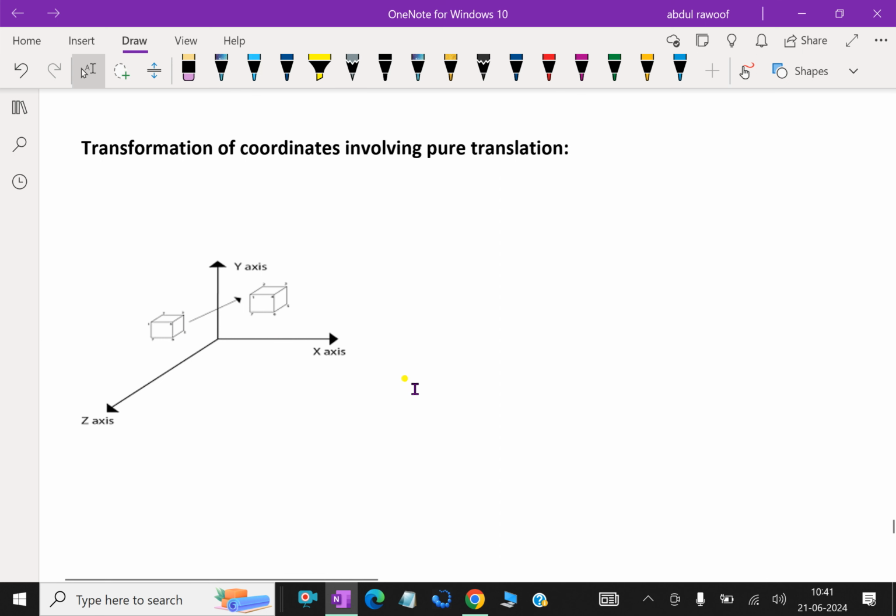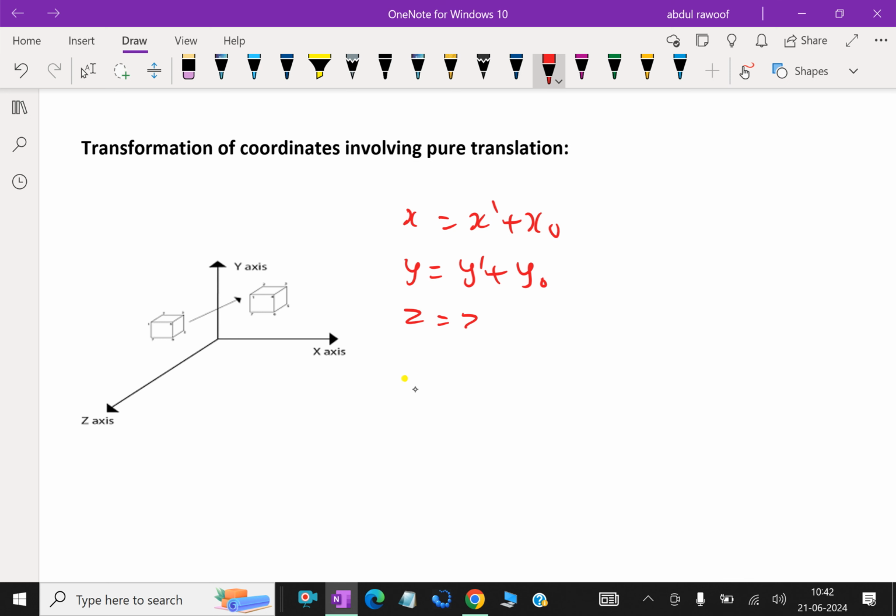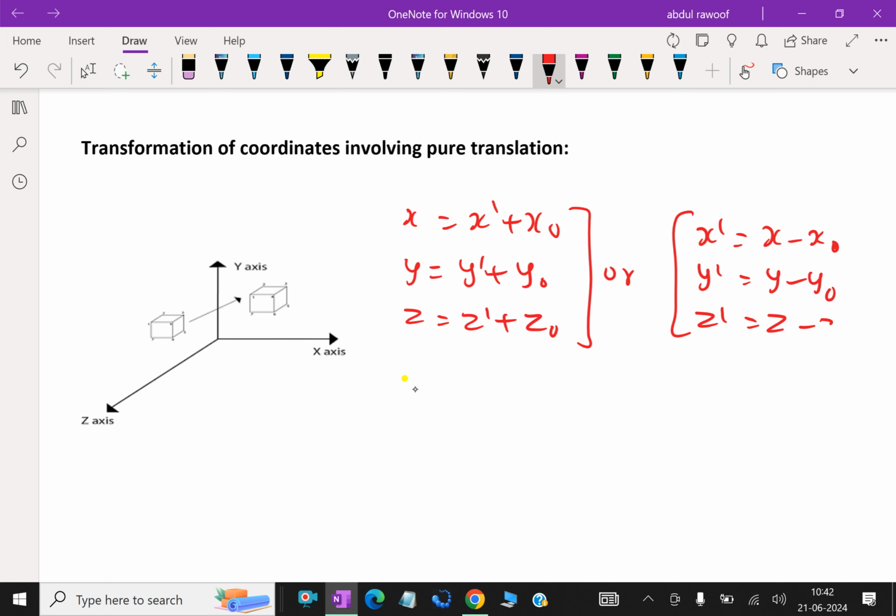Here we get the point x equals x dash plus x0, y equals y dash plus y0, z equals z dash plus z0. Then this can be written as x dash equals x minus x0, y dash equals y minus y0, and z dash equals z minus z0.